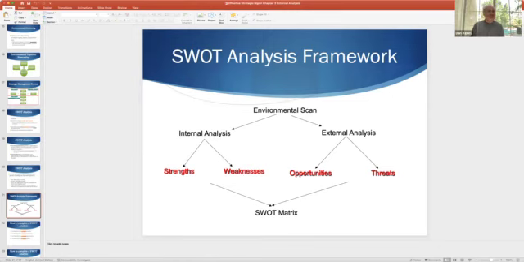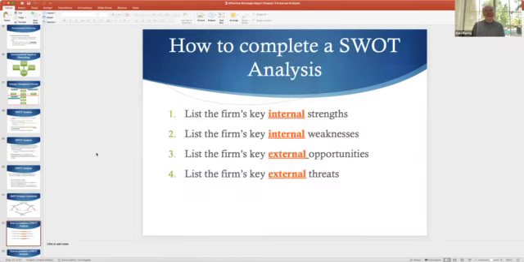So going further onto the SWOT, here's what we're going to do. We're going to list the key internal strengths. We're also going to list the key internal weaknesses. Excuse me, I said external weaknesses. Brain dead here. Then we're going to list the external opportunities and the external threats. And now we start matching.